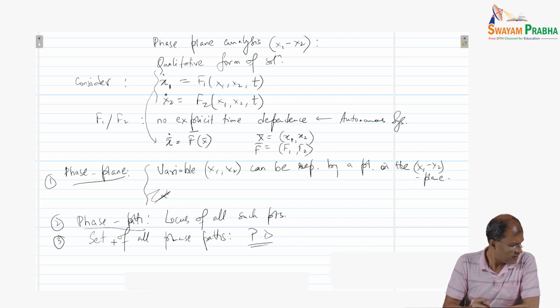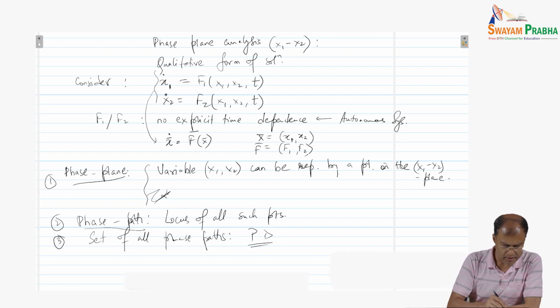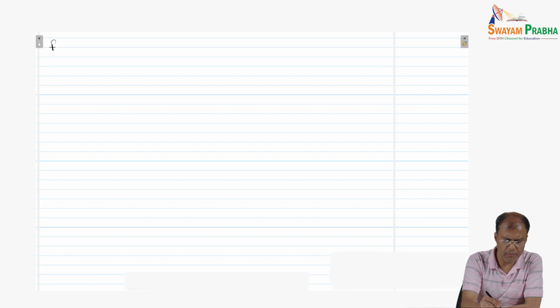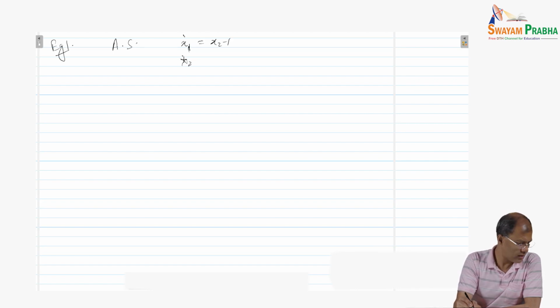Then let us quickly look at an example to start our understanding. The problem says we are given an autonomous system: x1 dot is x2 minus 1 and x2 dot is minus x1 plus 2, and we have dx2 by dx1 is x2 dot by x1 dot, which is (minus x1 plus 2) by (x2 minus 1).